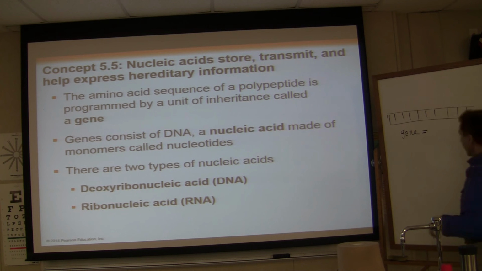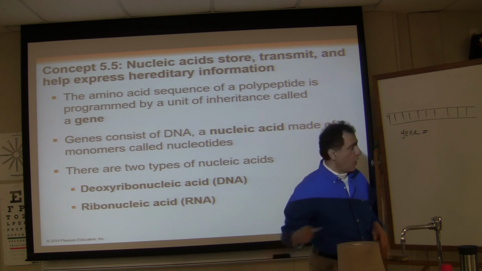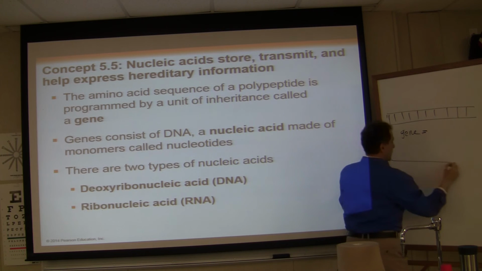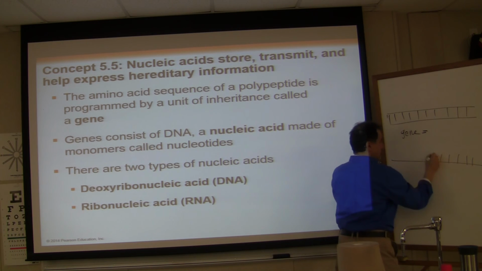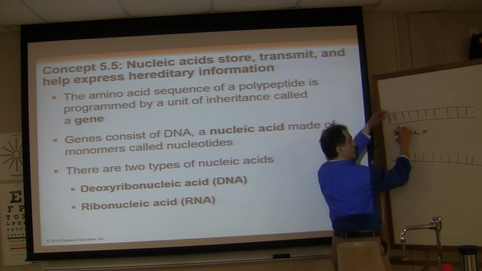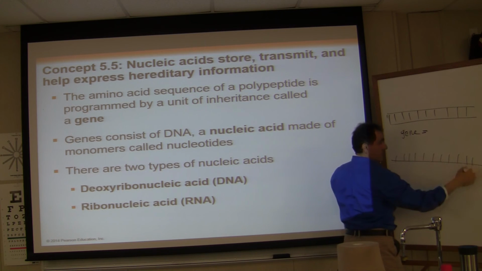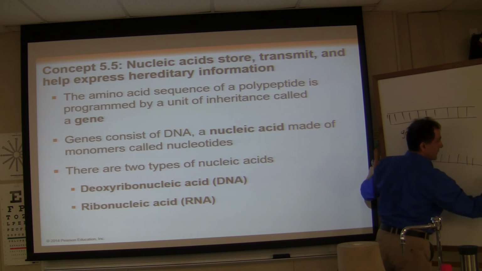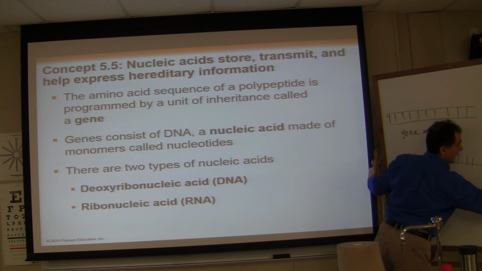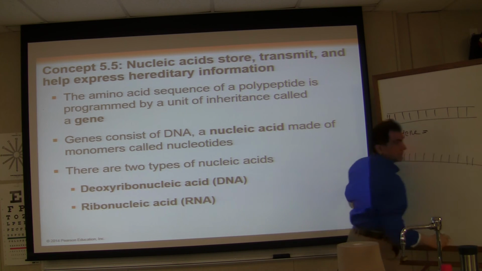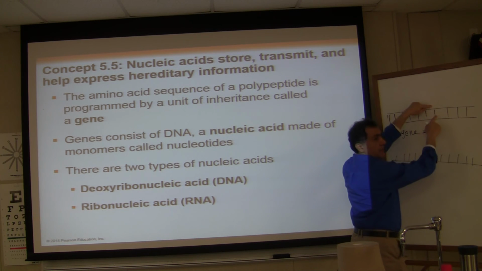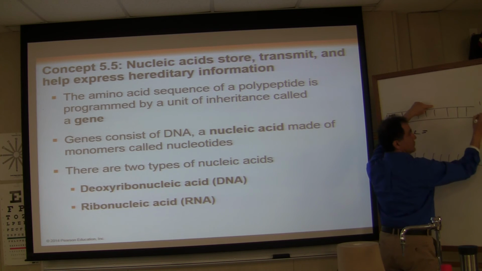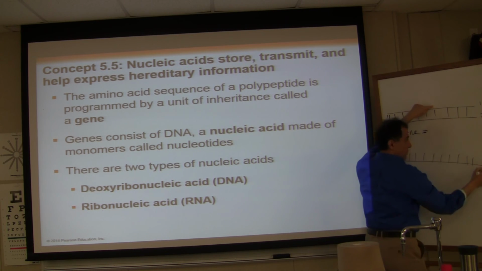If I take this off right here, this is two strands. One strand of it is called a nucleic acid. This is one, this is two. Am I making some sense? So I'll draw the second one for you.